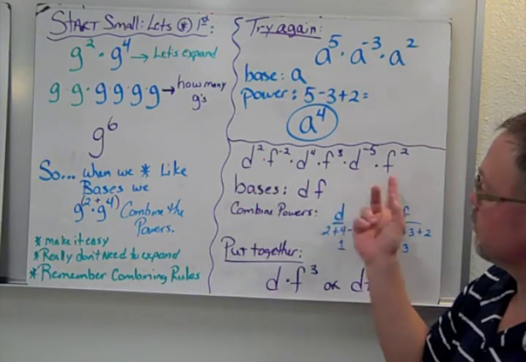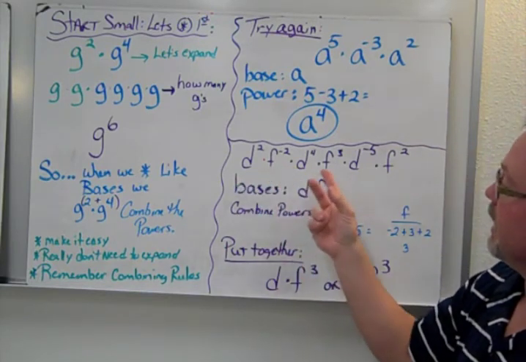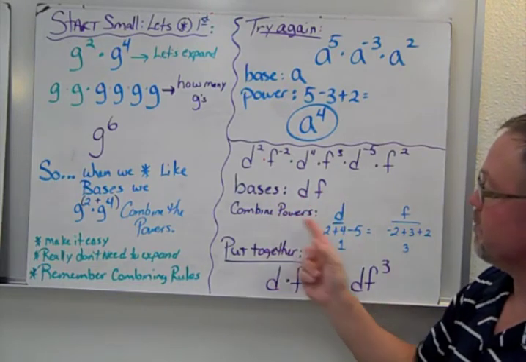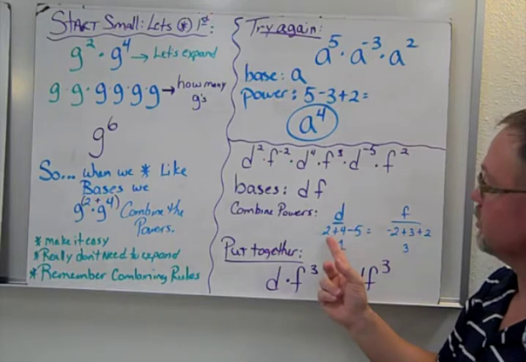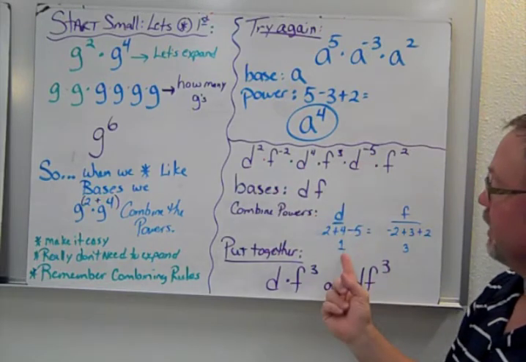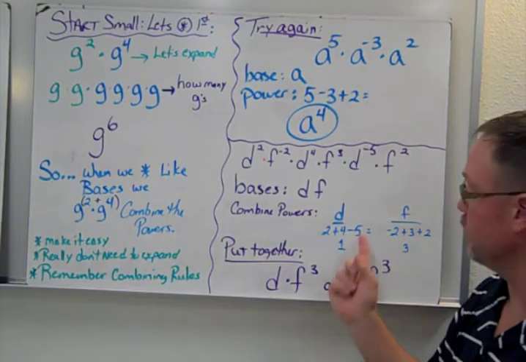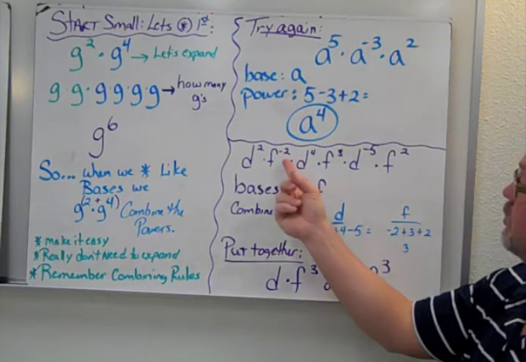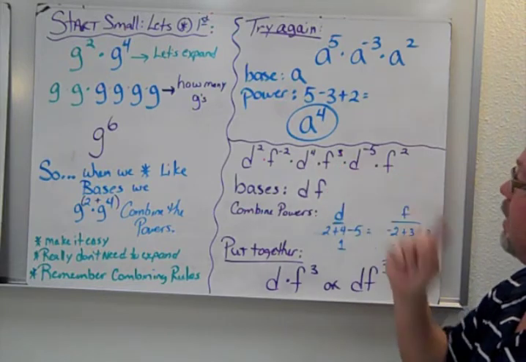For my longer problem, I'm going to look for my like bases. So my two bases are d and f. Well, the powers on my d are 2 and 4, minus 5, or a negative 5, which is going to give me a total of 1 once I combine them. For my power of f, I'm going to have a negative 2, a positive 3, and a positive 2.